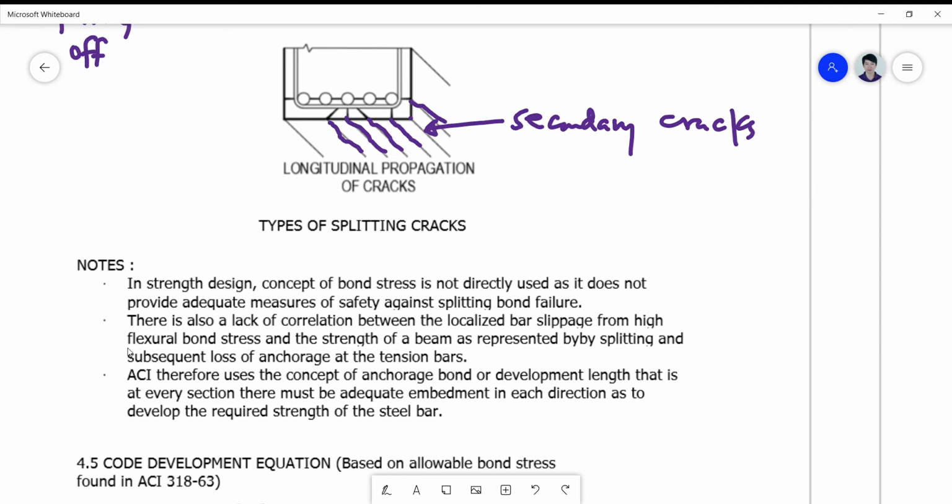So ACI therefore uses the concept of anchorage bond or development length. That is, at every section there must be adequate embedment in each direction as to develop the required strength of the steel bar.